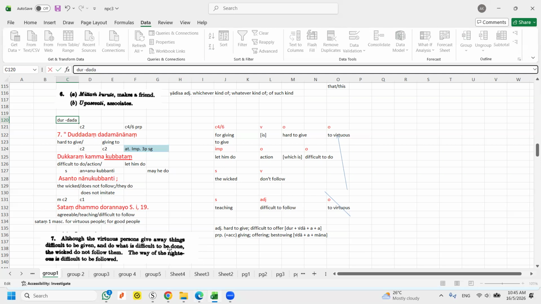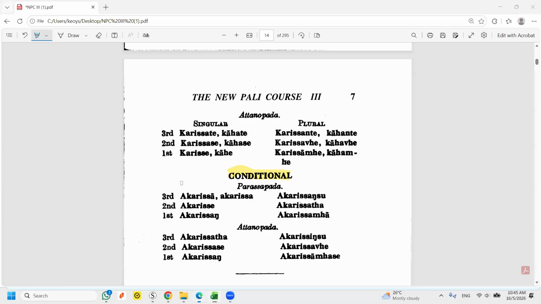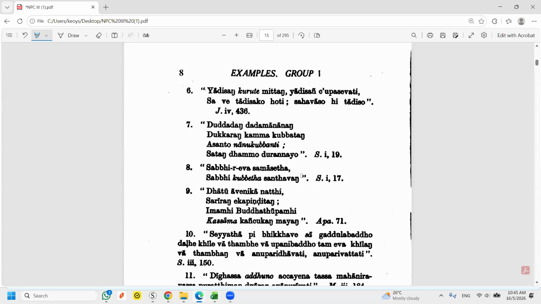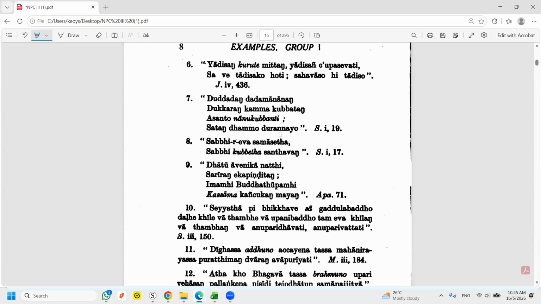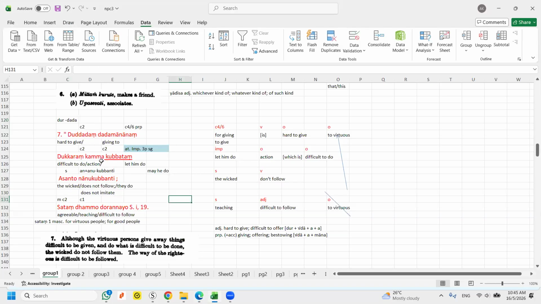So no case. Let me check the notes again. See, it doesn't have. So technically it should be M, as far as grammar is concerned. By right, this one should be N with M. I put it here so that I highlight it to you lah. Kamang. Okay. Because let him do action, kamang, action.